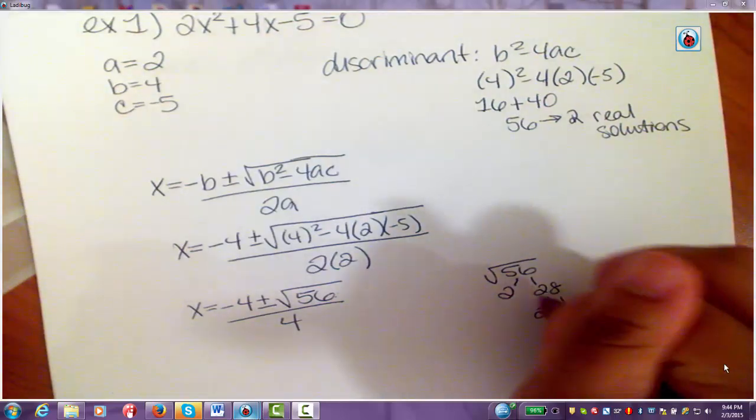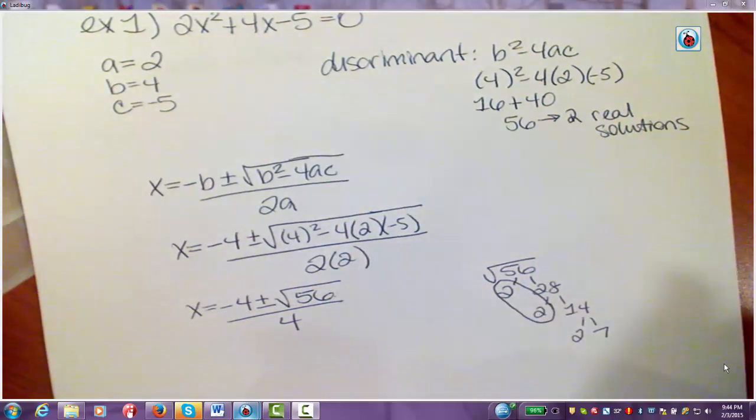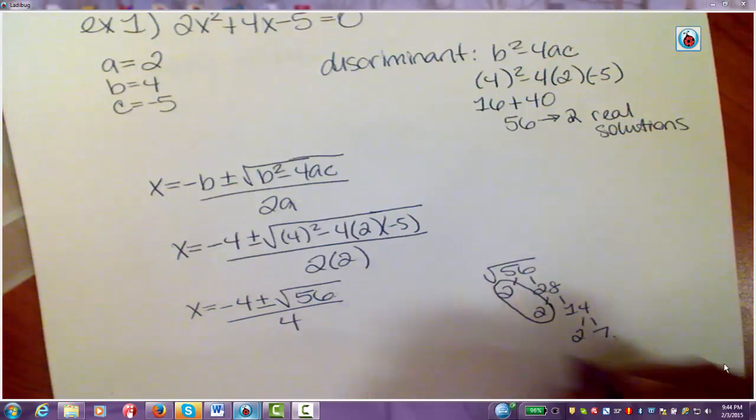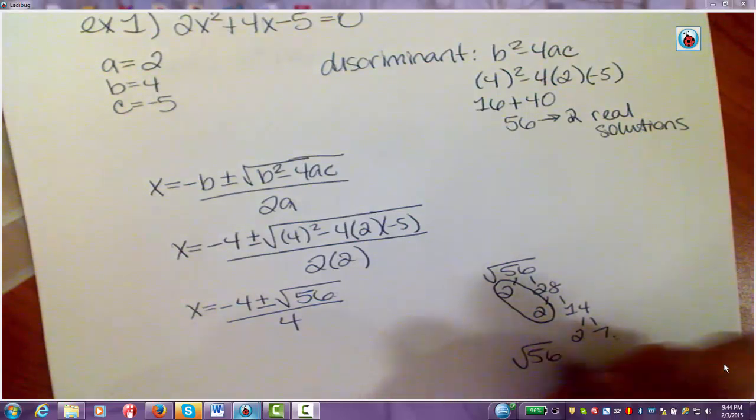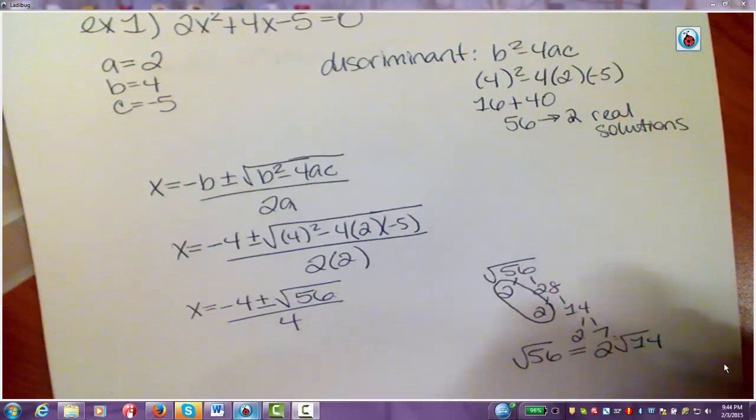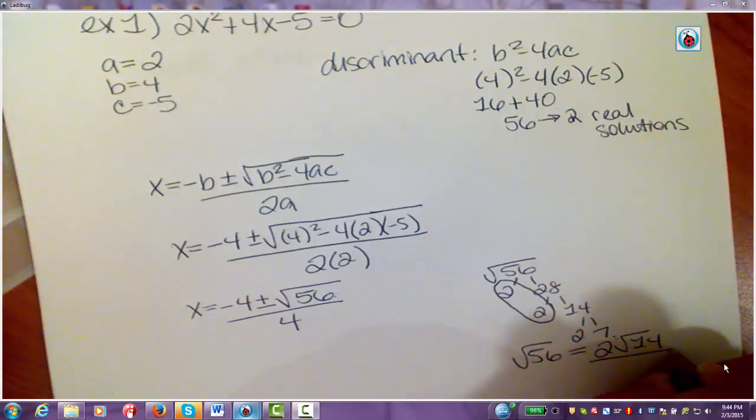So we have 2 2's. So 2 comes out. We don't have any more 2's and we don't have any more 7's. So 2 times 7 stays under the radical. So square root of 56 is equal to 2 square roots of 14, the simplified version of square root of 56.